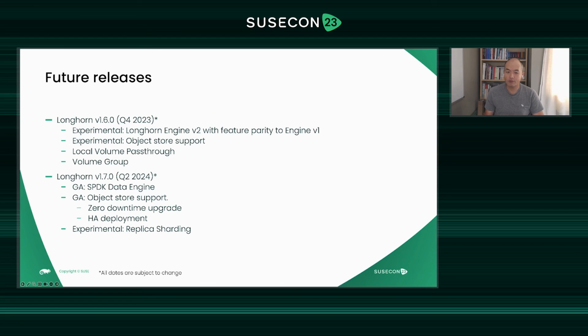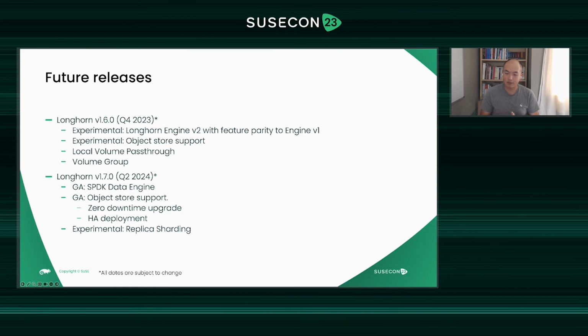Future releases: 1.6 we're targeting by the end of the year, and we will promote Longhorn Engine V2 from preview release to experimental, and it should have feature parity with Engine V1 at that time. We'll also add experimental object store support in 1.6. The local volume pass-through with SPDK should be GA'd by then.